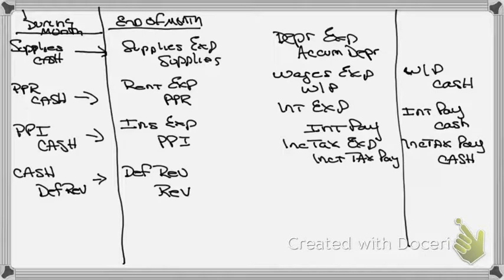And then we have, on the other side of interest expense, we could also have interest receivable and interest revenue. So we're recording the fact that we earned it, but we collect the cash later.